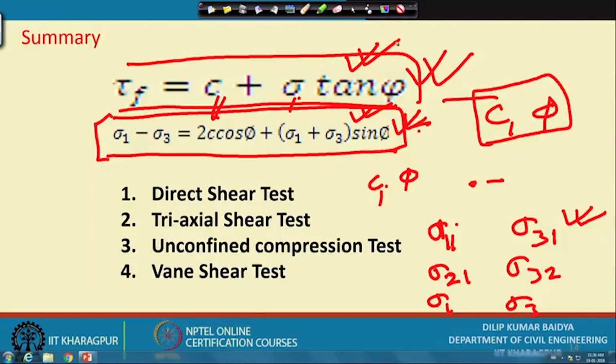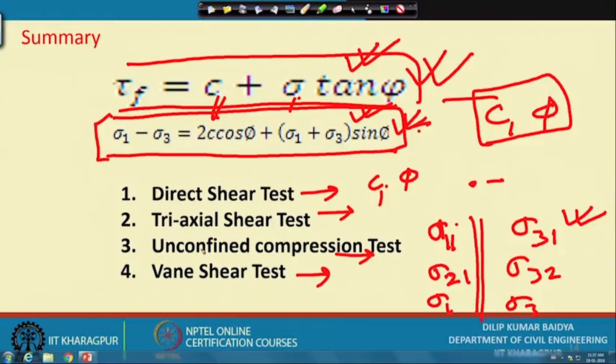And during the test, a particular sigma 3 you apply, and then you see what the sigma 1 at failure is. So, this test can be done in different ways: direct shear, triaxial, unconfined compression test, and vane shear. There are various tests available, and you should know which test is suitable for what type of condition, and we have explained those things during the lecture class.